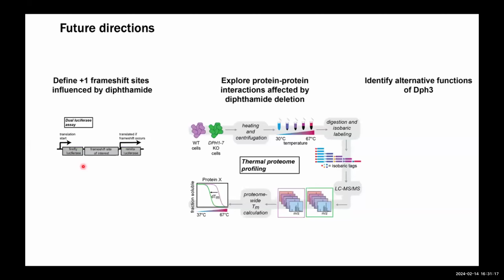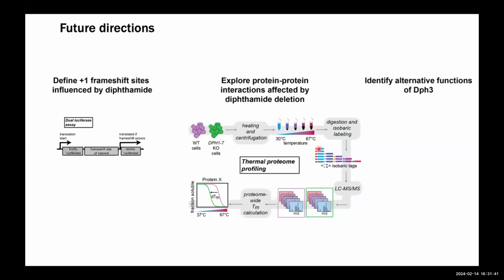I also further want to explore how diphthamide affects the cellular proteome as a whole. And to do this, I will conduct thermal proteome profiling, where I will compare, once again, yeast that are either wild type or DPH knockout. I will then heat these cells at a variety of different temperatures and extract the soluble protein.